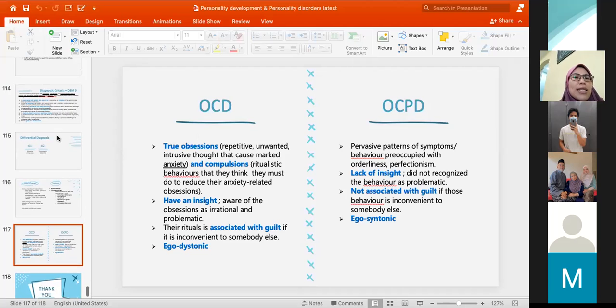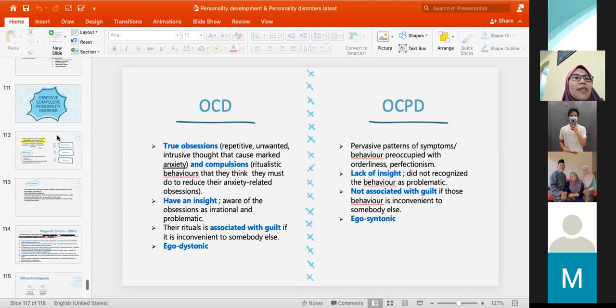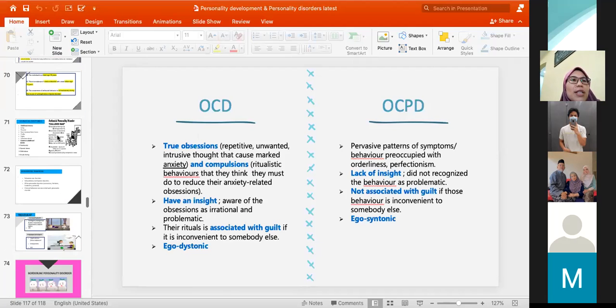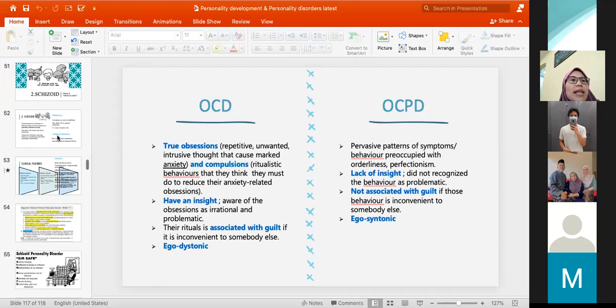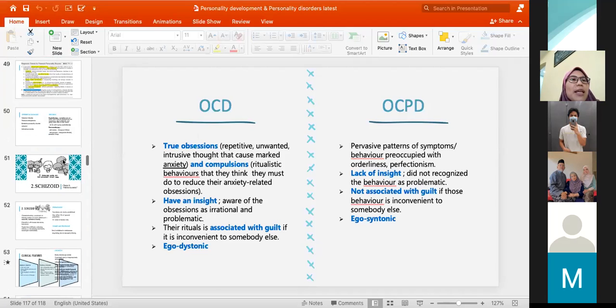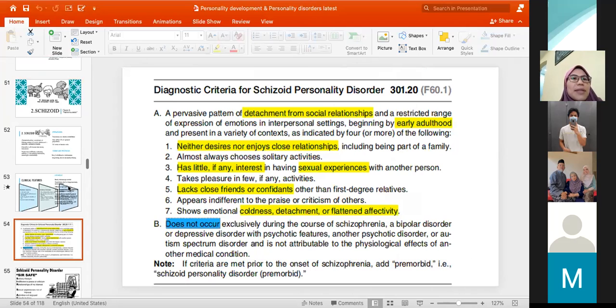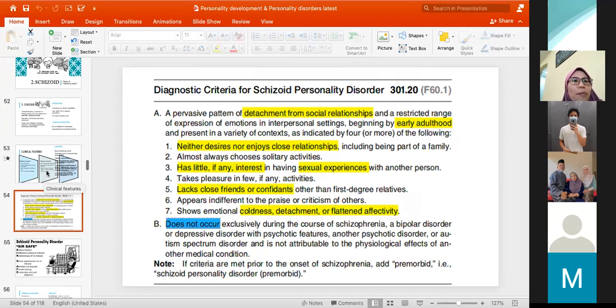There is an earlier question about magical thinking in schizoid personality disorder. Can the presenter help with explaining about the magical thinking? Someone asked me earlier in a personal message.